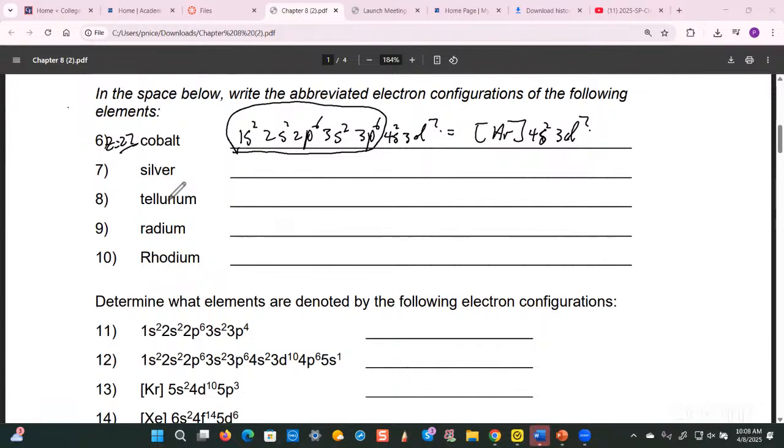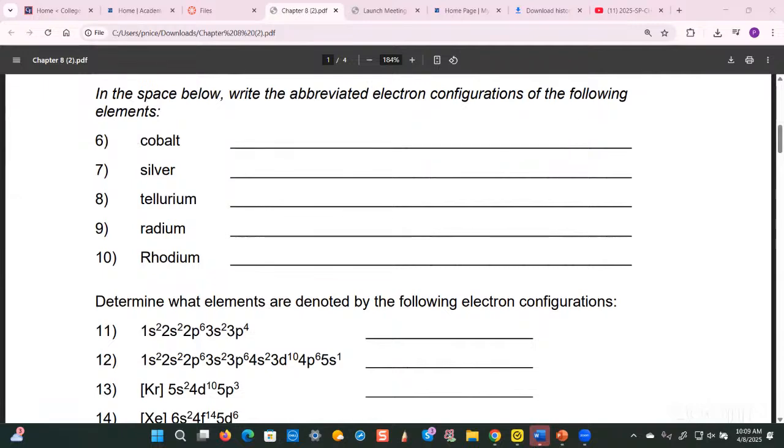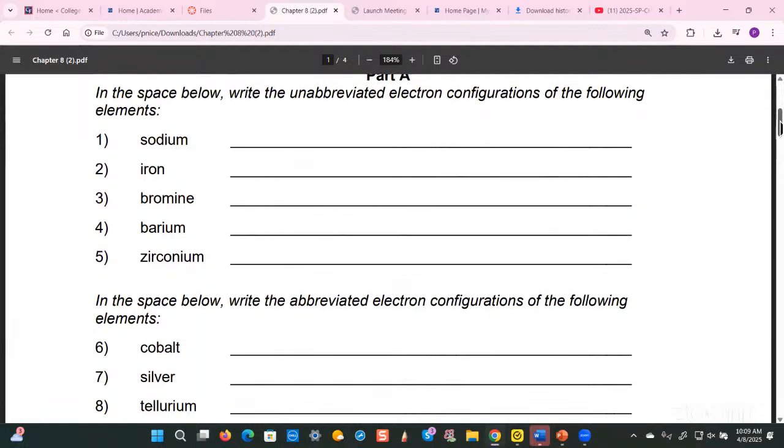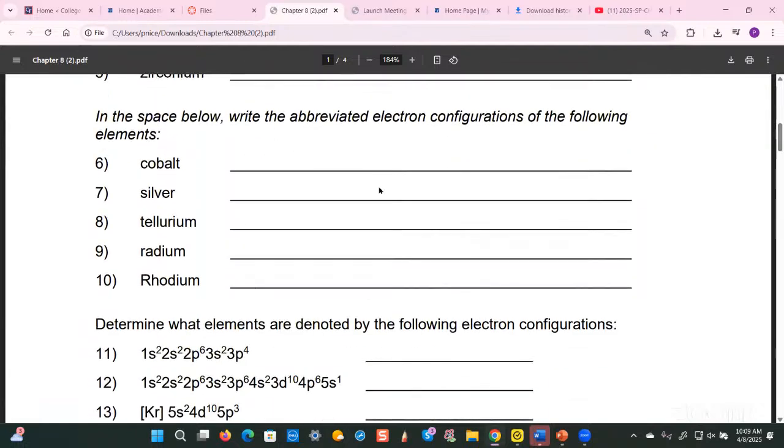What I want you to do right now is the rest of the first problem. Let me clear this. I want you to do all of questions 1 through 5 in part A, and the rest of the questions here, excepting silver.